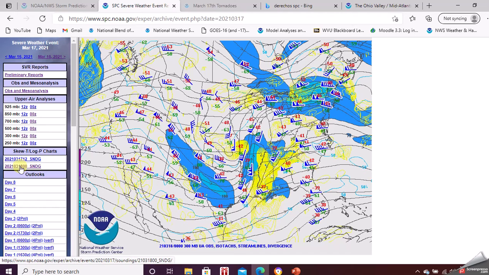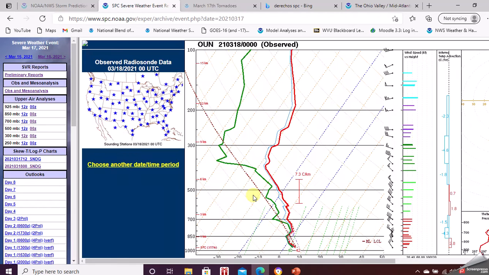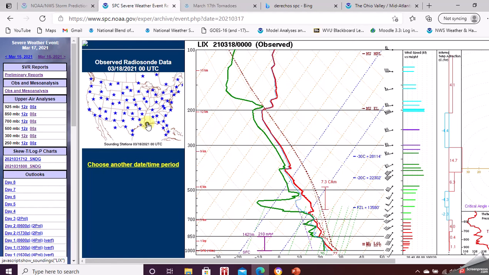Final thing, what about a sounding? Well, let's take a look at a sounding. Right in the middle of it, the air that's coming in, Lake Charles, Louisiana. What do you see? This is the amount of instability in that sounding. Anything to the left of that, all air parcels will be coming up to the right of that.